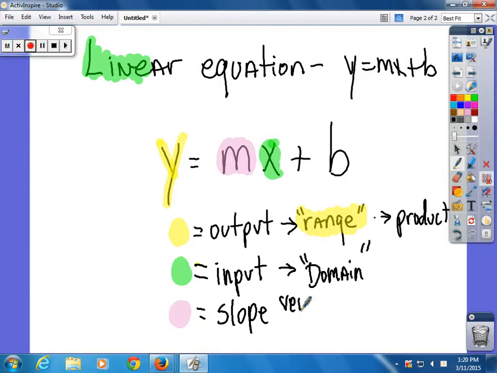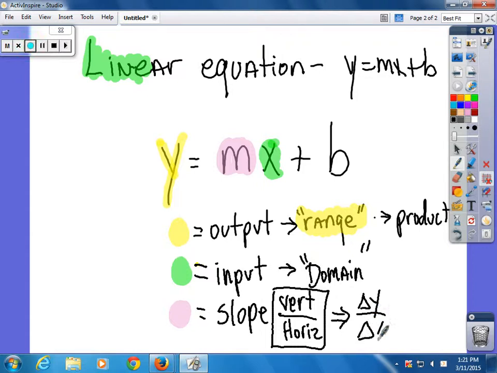Vertical over horizontal. Later on, today, later on, is delta y over delta x.